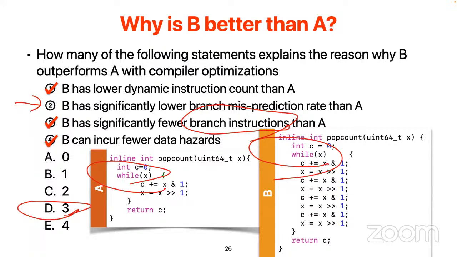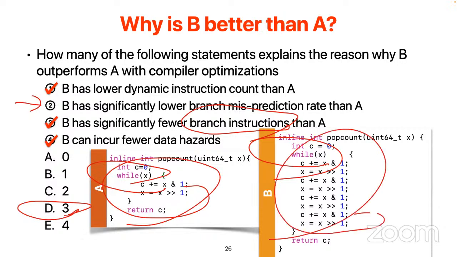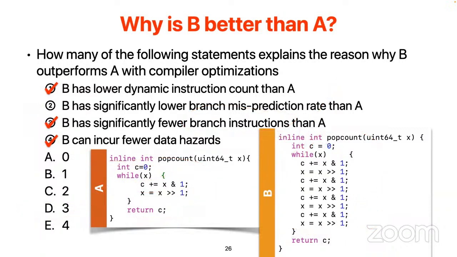Sometimes it's the 64th, sometimes it's the earliest one. But each number you only have one chance to miss. For this one it probably took longer to get a miss, but for this one it's quicker to get a miss. So in terms of miss rate, this one is probably higher than version A. That's why 2 is not the right answer.